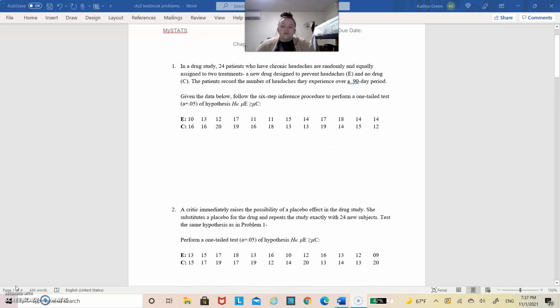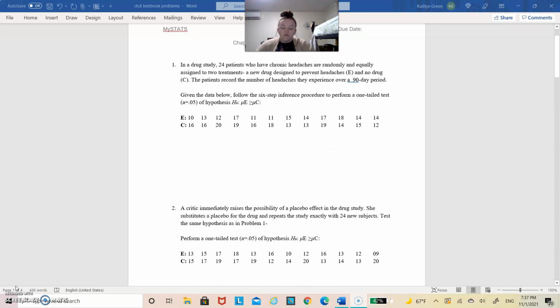As you can see our data here below, from the question we know that it's going to be a t for 2 test, and we know that we have 24 patients total, 12 in each group, and we have to find the mean as well as the standard deviation for the t for 2 equation that we're going to be using later.